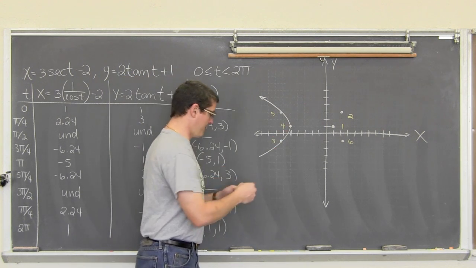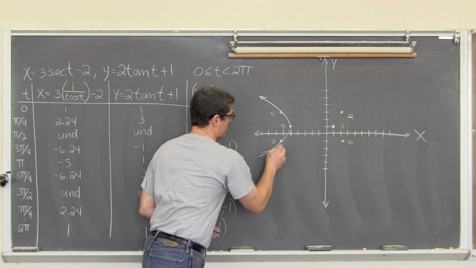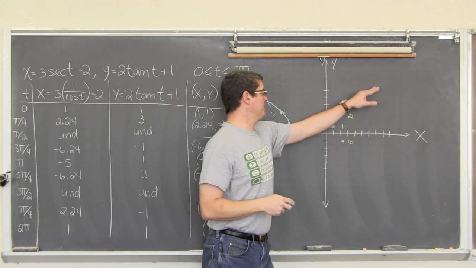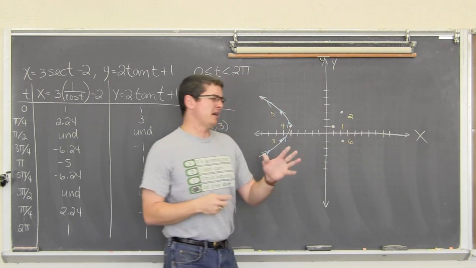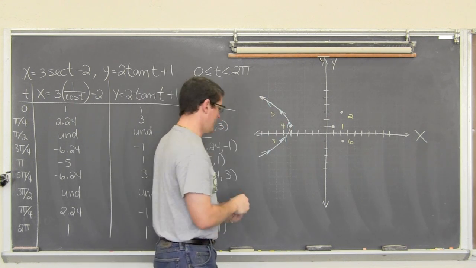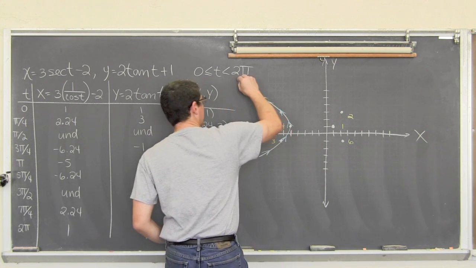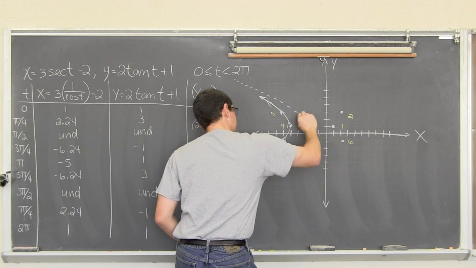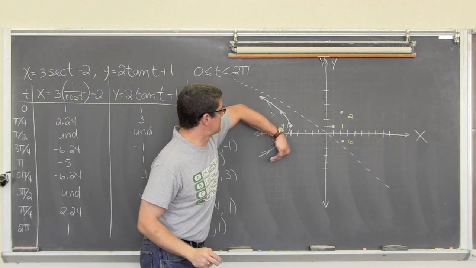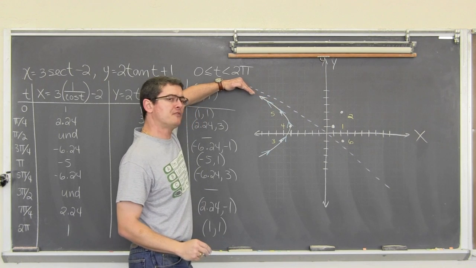So 3, 4, 5. So my motion is coming up this way. And then over here we have 1 and 2, and then this 6. But because of the weirdness of the asymptotes, this isn't going to come up here and approach. There's an asymptote that we don't see that's here. And the graph is coming up here, and it's coming up to the bottom of this asymptote.